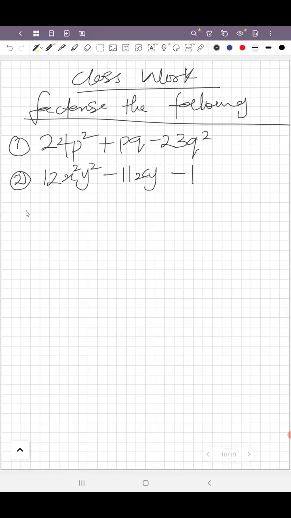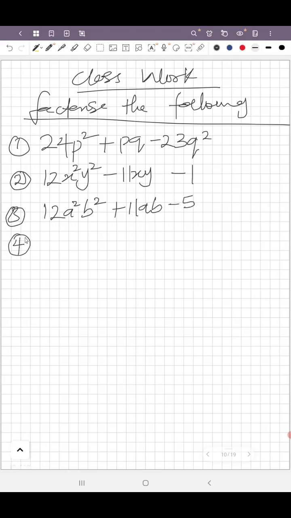Number 3: 12a squared b squared plus 11ab minus 5.